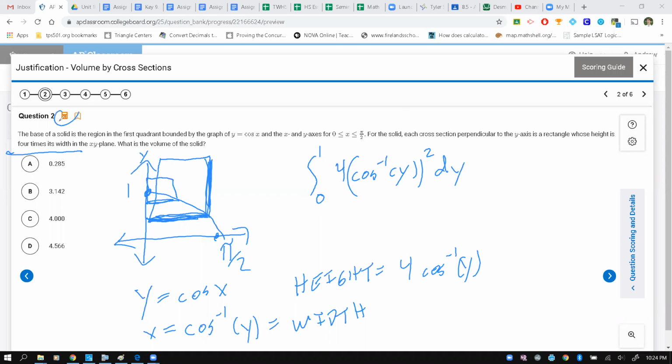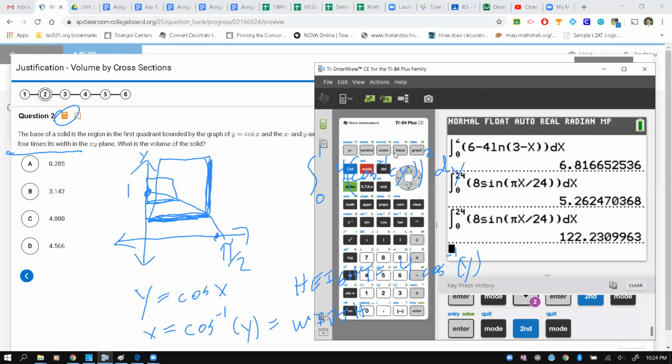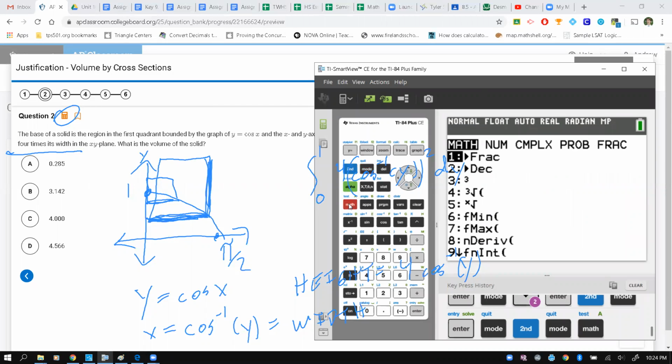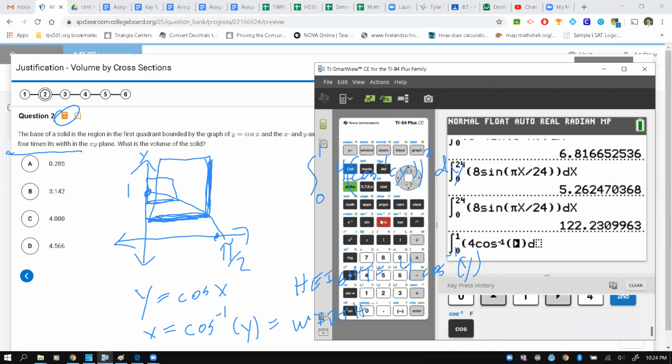Since this is calculator allowed, once you have it read, you'll grab your calculator and type in math 9 from 0 to 1 of 4 times the cosine inverse of x, x.